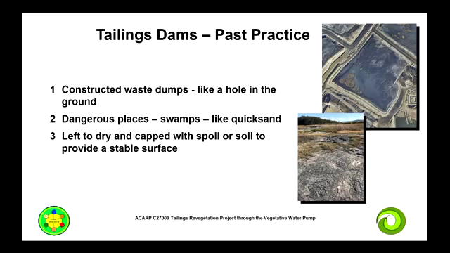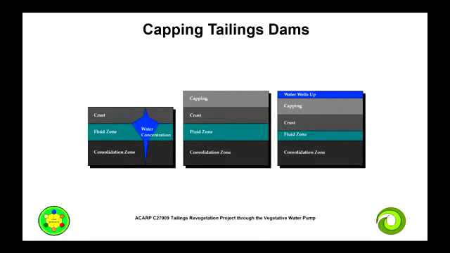These tailings dams can be quite dangerous places. They're very swampy, they're like quicksand, and they have a series of characteristics which are quite difficult. They're usually left to dry and then capped with either spoil or soil to provide a stable surface, and then they either remain like that or something else might happen to them in the future.